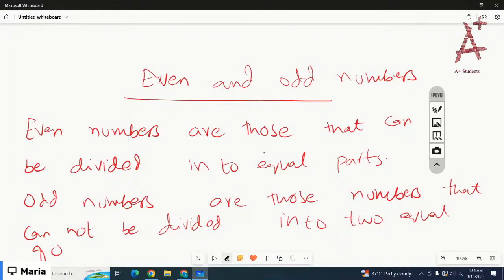Or the simple thing you can say is the numbers that can be easily divided by 2 are even numbers, and the numbers that cannot be divided by 2 are the odd numbers, right?